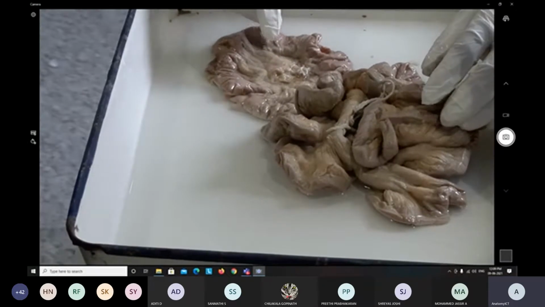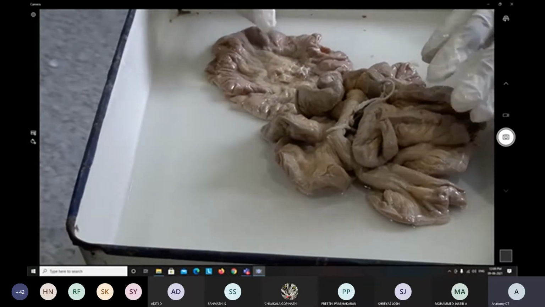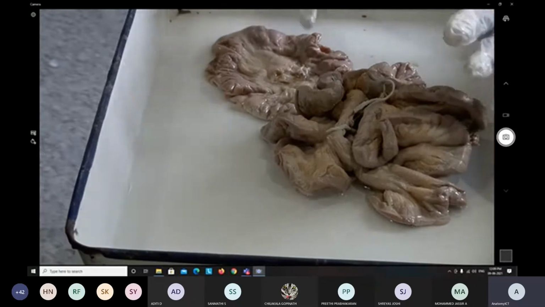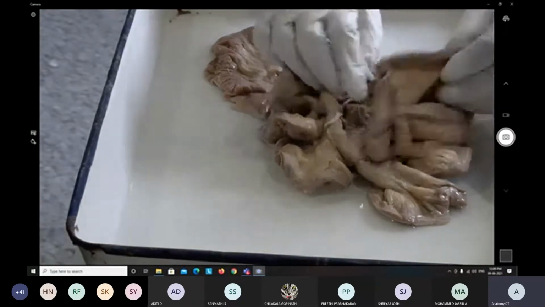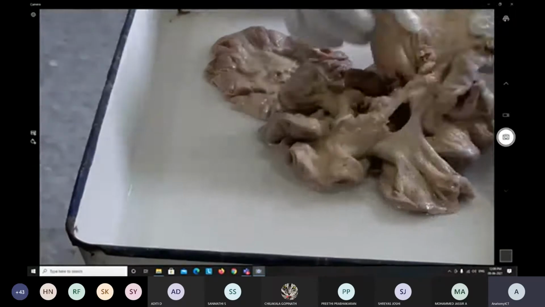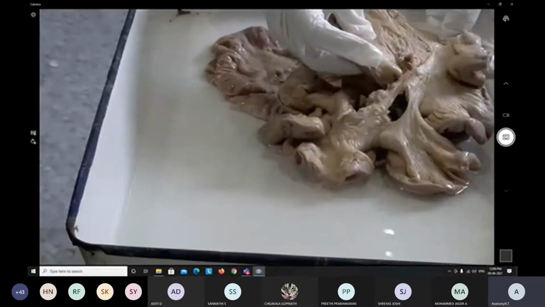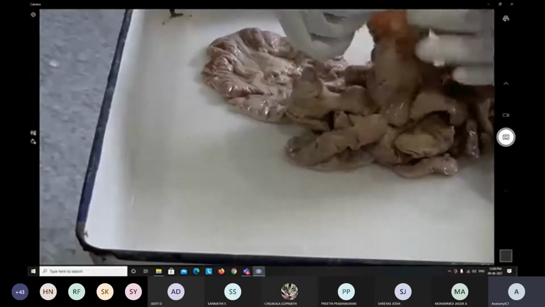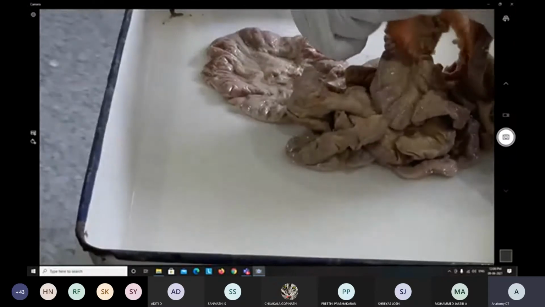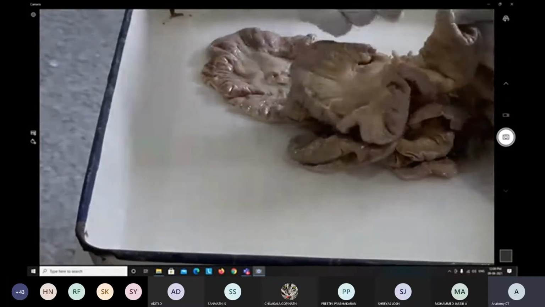That is also most important, dear students, because this peritoneum covers the intestine completely, and that covering goes and adheres to form a complete wall. Only this much is the tube.